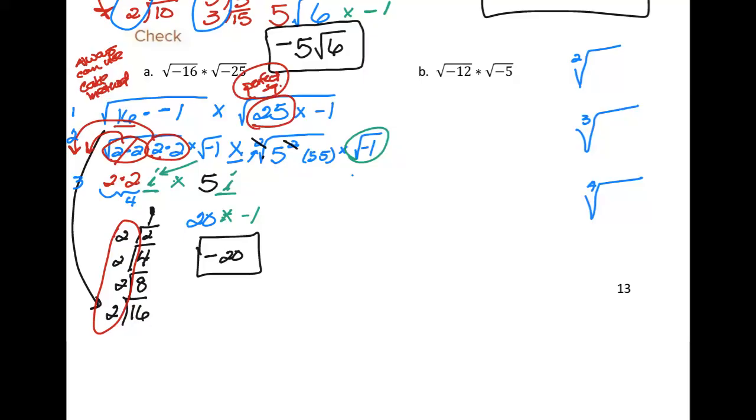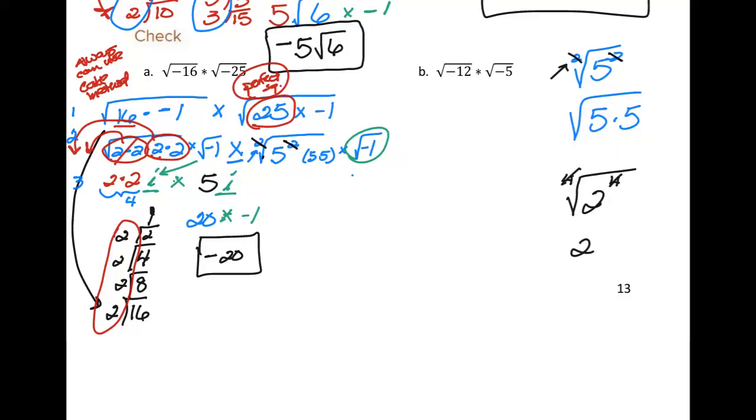We don't have to write it there, but if I have 5 squared, which is the same as 5 times 5, when you take the square root, these could cancel out. So no, this usually is not written in, but I'm just showing you if I had a fourth root and I had 2 to the 4th power, the fourth root of 2 to the 4th power, these would cancel out and your answer would be 2.